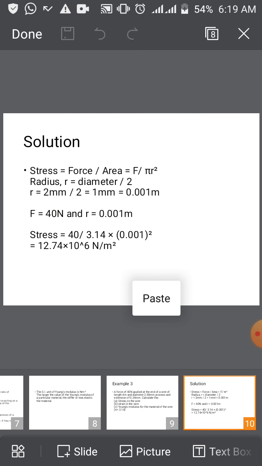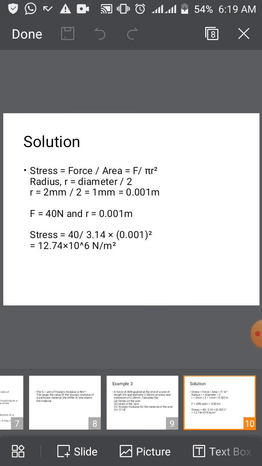Radius r is equal to diameter divided by 2. Now when the diameter is 2 millimeters, radius will be equal to 2 millimeters divided by 2, which will give 1 millimeter. When divided by 1000 to convert it to meter, you have 0.001 meter.